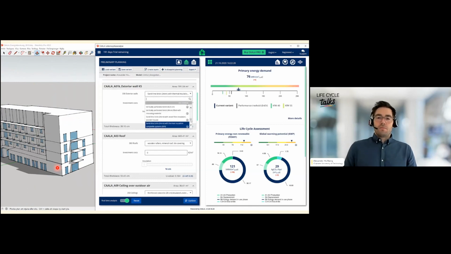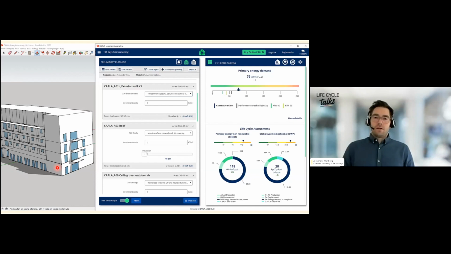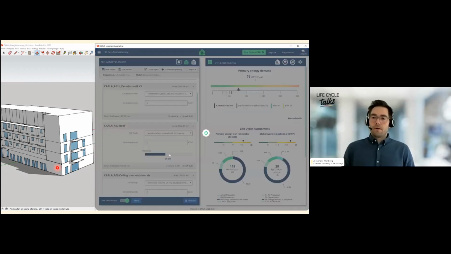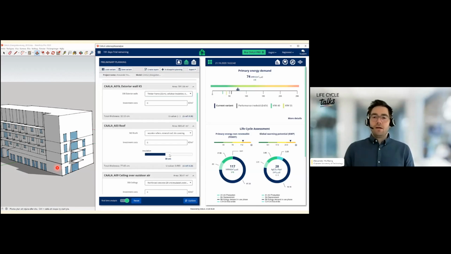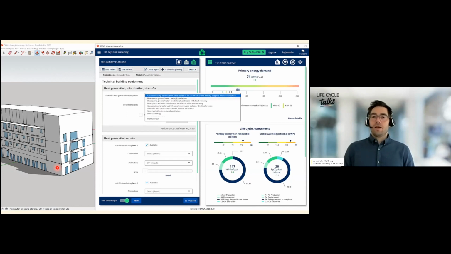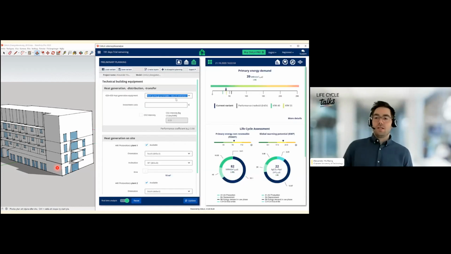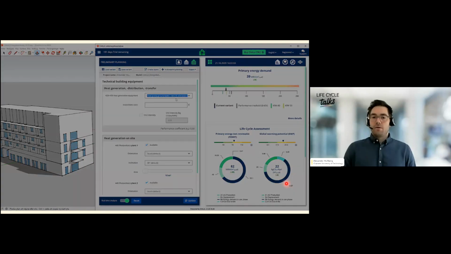If you change the materials, this also has an impact on the thermal properties, for example, the U value of the wall, the amount of heating energy that is lost, and also the embodied carbon. So all of this is connected. And finally, also the technical equipment has a big impact. So if you use a heat pump or district heating or gas, all of this changes the life cycle greenhouse gas emissions.